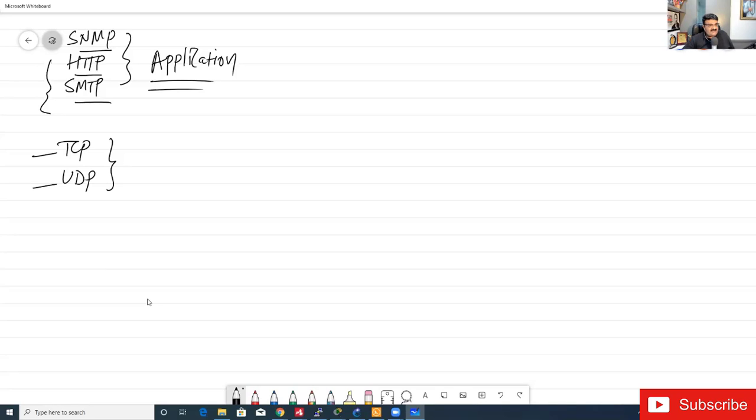TCP, IP and UDP are the transport system of all these protocols. So these protocols are passengers, and TCP and UDP are the transportation system. Whenever you are sending data, SNMP packets will be generated, and TCP is responsible for transferring the packet from one computer to another, right? So this is a transportation system.